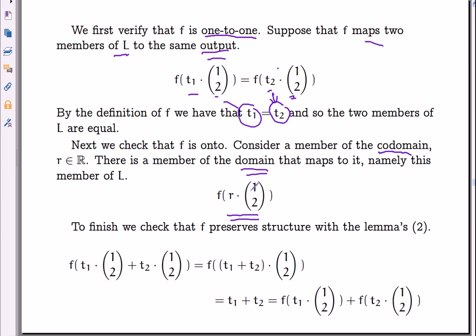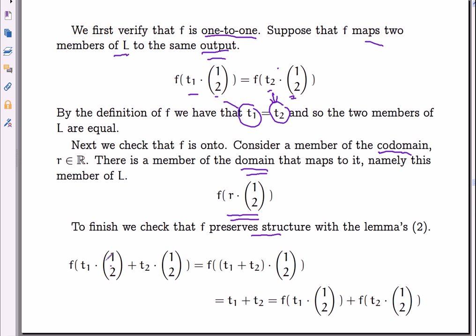Now, to show that f is an isomorphism, we can show that f preserves structure. Here we have that f of a sum of any two vectors in L is the same as the sum of the f's. You can go through the steps here and see that that's true. Actually, here he's only shown addition.